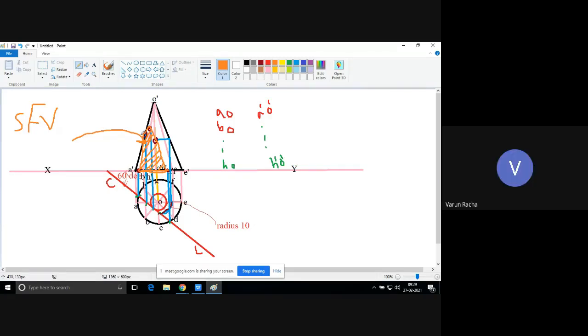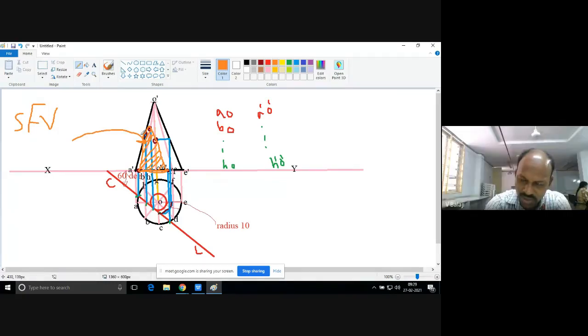Why? Because some generators are not having true length. No, not like that. You need to say that this cutting line is not parallel to the reference line. Earlier problems, if you see, the cutting line is something like this, CL, parallel to XY. At that time, the sectional front view itself is the true shape of the section.